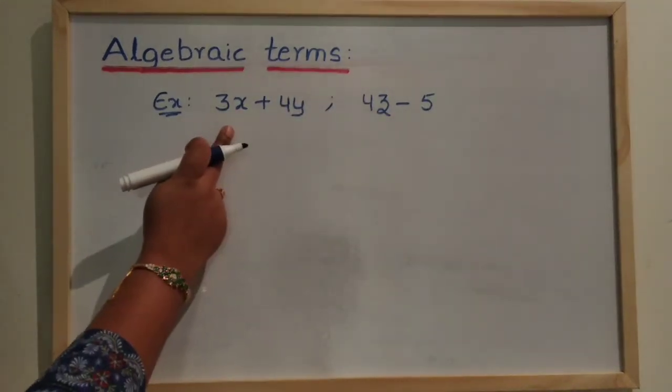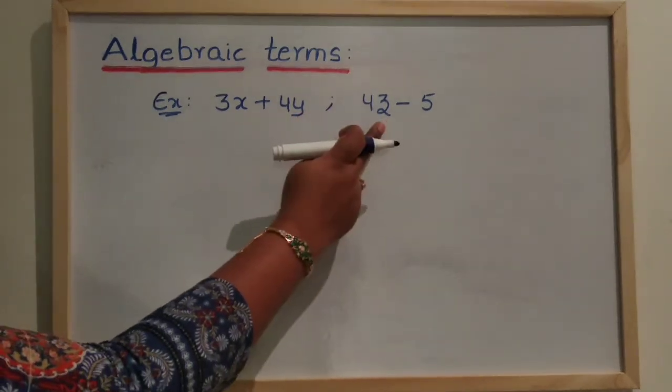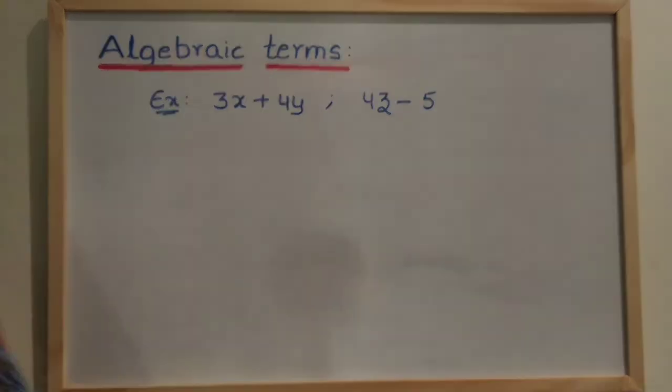Here 3x is one term, 4y is one term, 4z and 5 are terms.